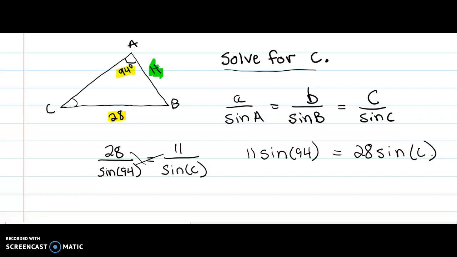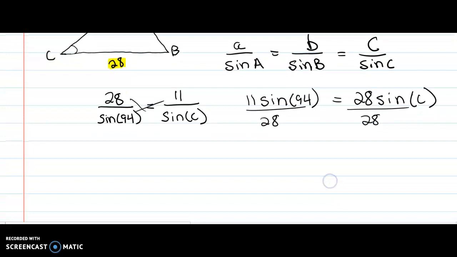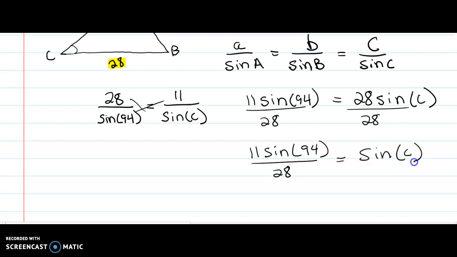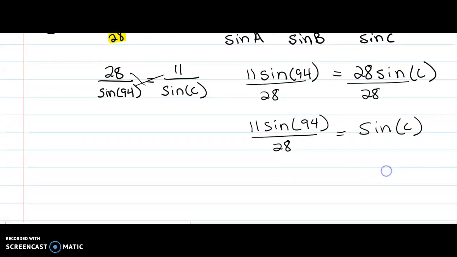Okay, well, we're solving for c. It's not by itself yet, so I'm going to divide by 28. Here I get 11 sine of 94 over 28 is equal to the sine of c. Okay. So now that I have that, well, c is still not by itself.